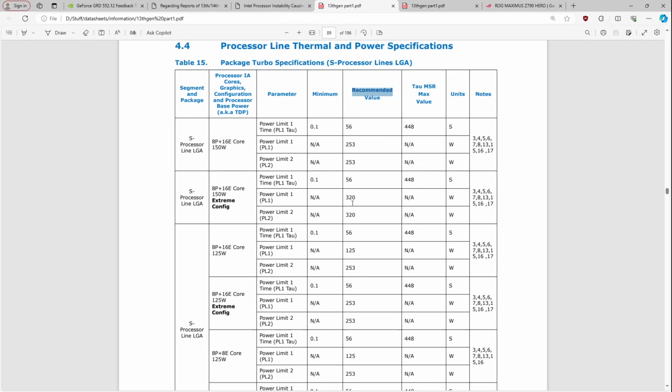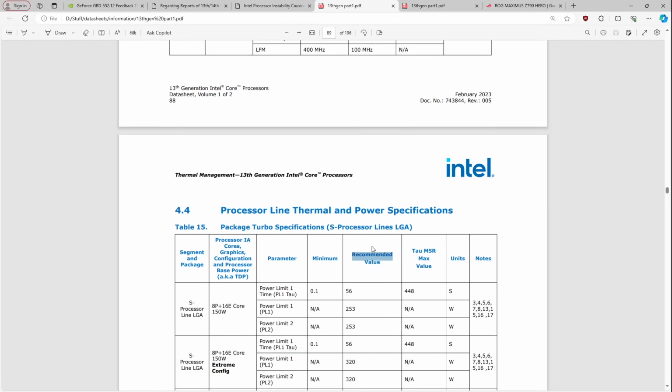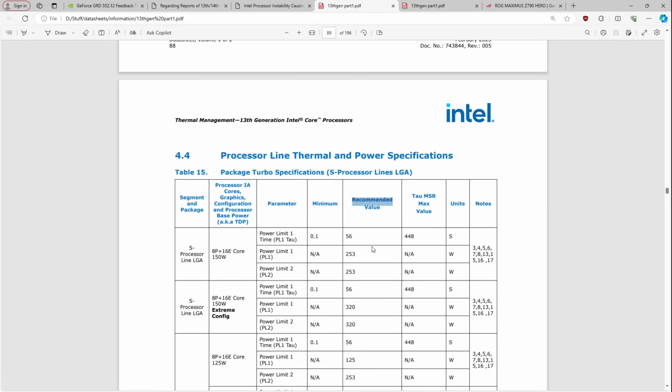And so if the CPUs are degrading at 100 degrees Celsius, that means that Intel is wrong about that max temperature, which is a big problem. Because that's the one thing Intel is actually in control over here. Every Intel motherboard runs the same TJ Max out of the box.